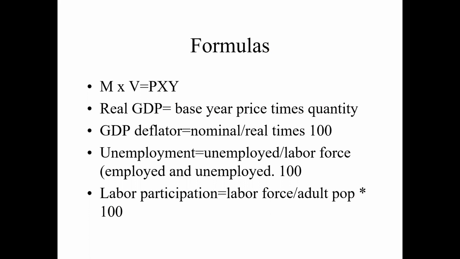The other way would be current output times base year price. All right, and then M times V equals P times Y. Just remember, M is money supply, V is velocity, P is price level, Y is output, and P times Y is nominal GDP. Okay.